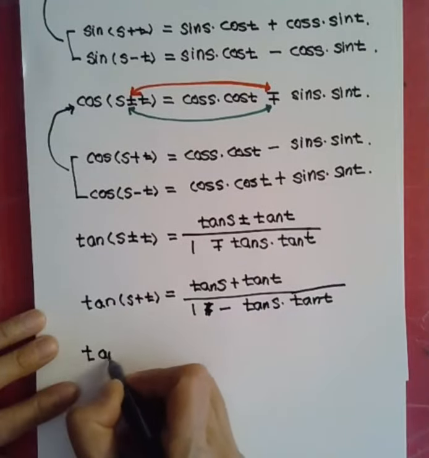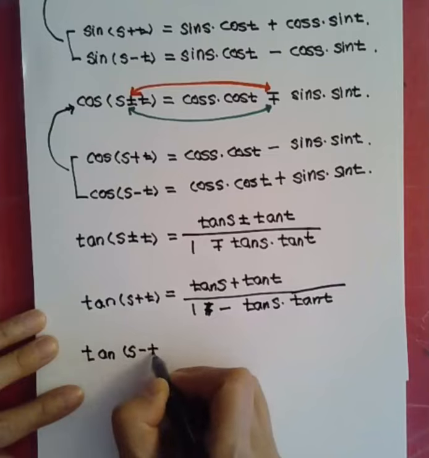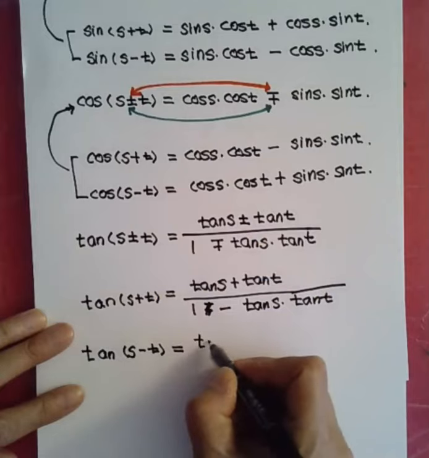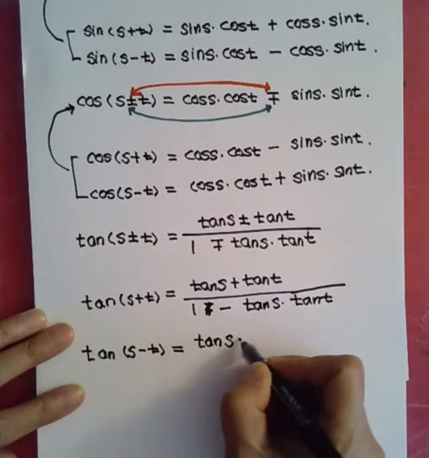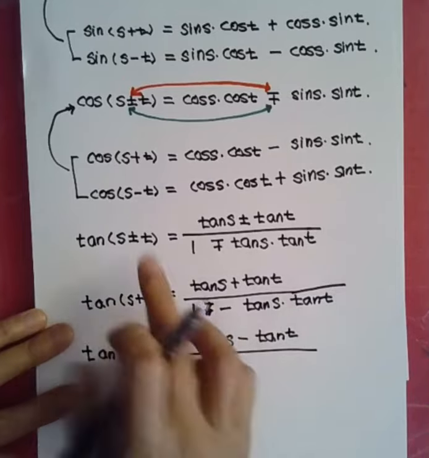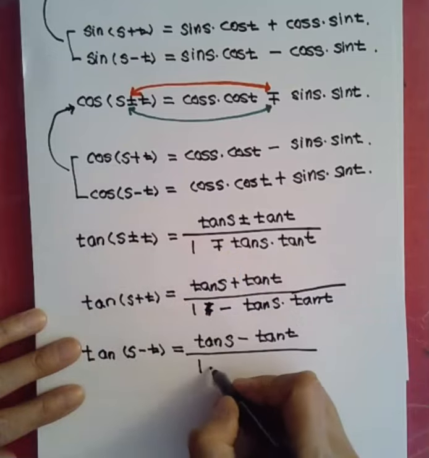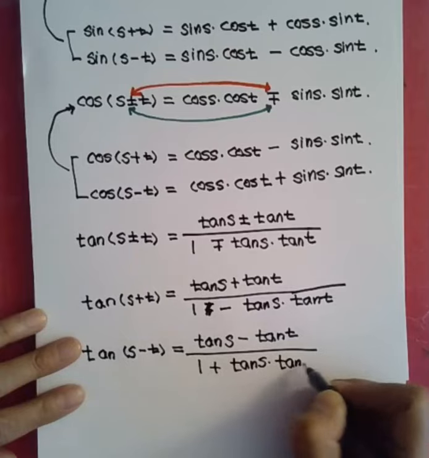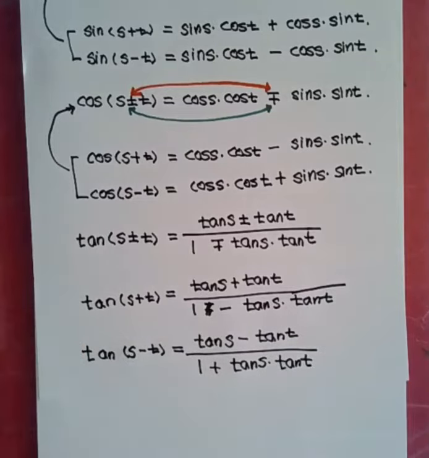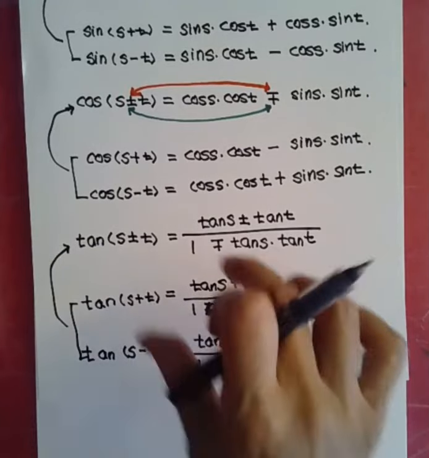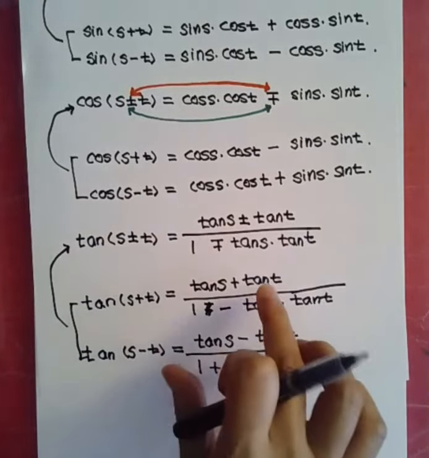The other formula is tangent of s minus t equals, again, we are choosing the bottom sign. Then the numerator becomes tangent of s minus tangent of t over 1 plus tangent of s times tangent of t. So this formula is the condensed form of these formulas.